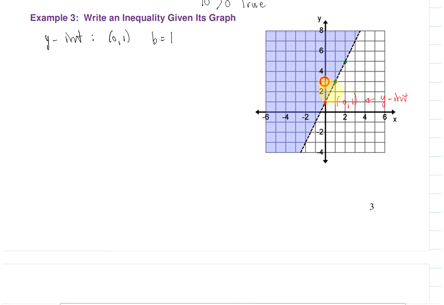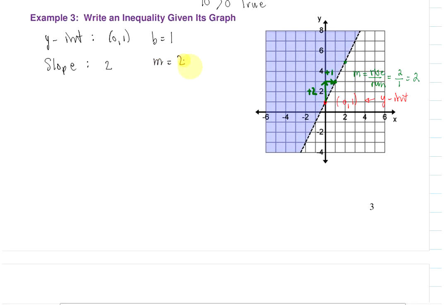And so I am going to go up 2, so plus 2, and go to the right 1, so plus 1, which means that my slope, m, is equal to rise over run, which in this case is 2 over 1, which is 2. Okay, so I know that my slope is 2, so m is equal to 2.